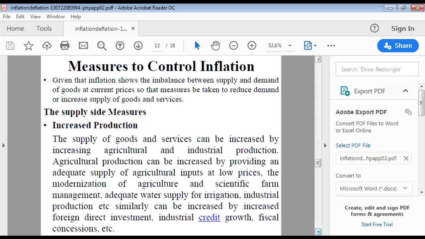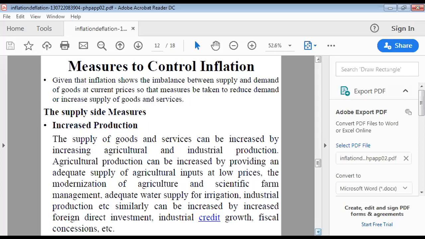So agricultural production can be increased by providing an adequate supply of agricultural inputs at low prices, the modernization of agriculture and scientific farm management, adequate water supply for irrigation, etc. Similarly, industrial production can be increased by increased foreign direct investment, industrial credit growth, fiscal concession. So these are the measures that can be adopted in order to increase production.